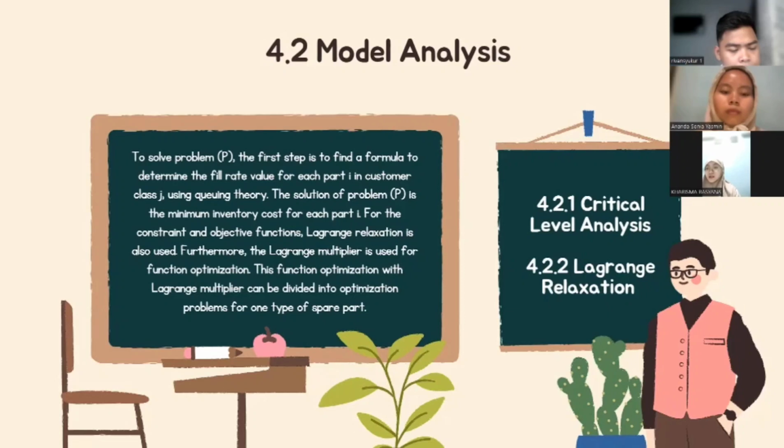Lagrange relaxation is also used. Furthermore, the Lagrange multiplier is used for function optimization. This function optimization with Lagrange multiplier can be divided into optimization problems for one type of spare part. Sorry, I used Bahasa. So this model analysis covers critical level analysis and Lagrange relaxation.